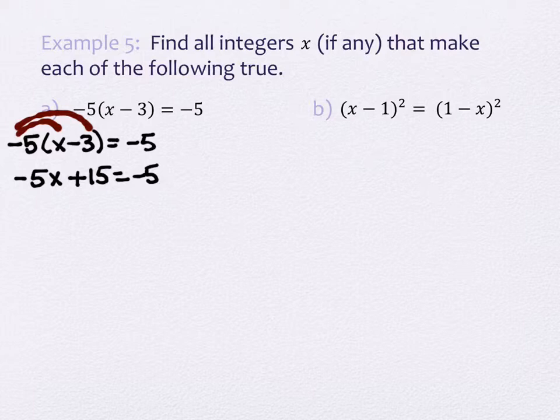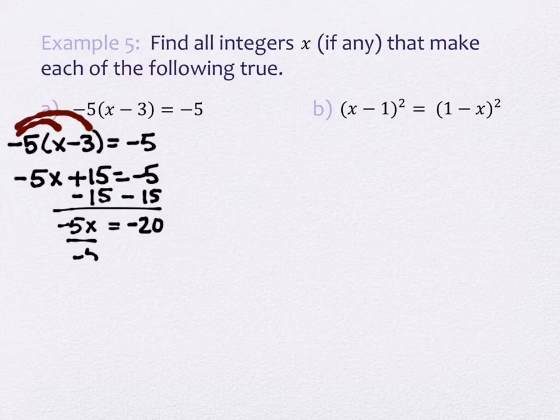And then you always move your addition and subtraction first. So we can subtract 15. So I still have -5x on the left. What is -5 and -15? -20. And then I could divide by -5. So what is -20 divided by -5? +4. Okay, so distribution is one option.